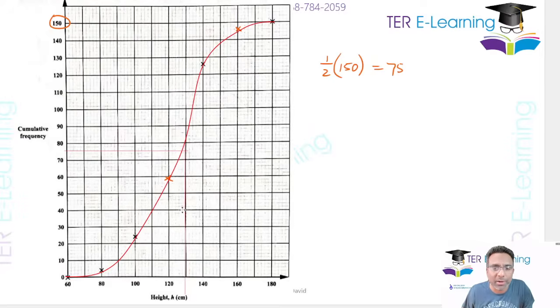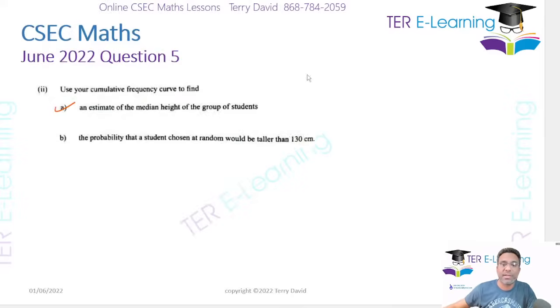So you're going to come here now and read off that value. Now my value, like I said, is an estimate because it will depend on the curve that you drew. So this is about maybe 128. It depends on how you draw it. So in this case my median is 128 cm.